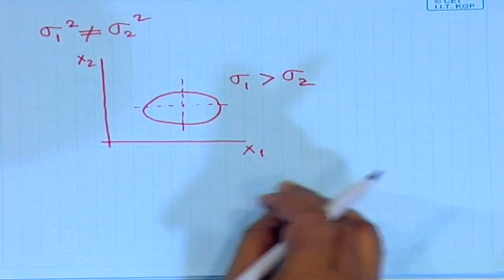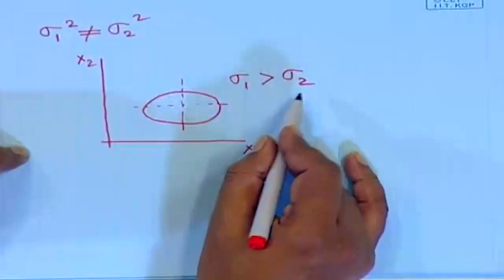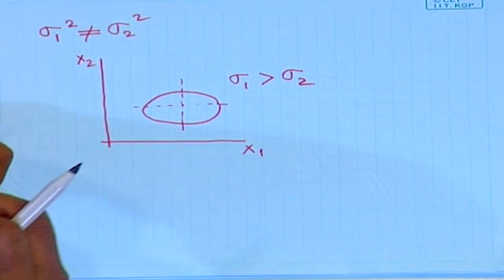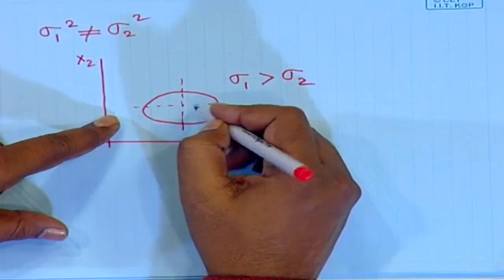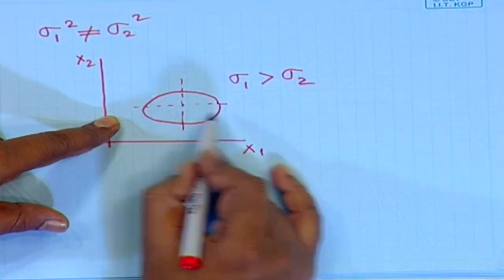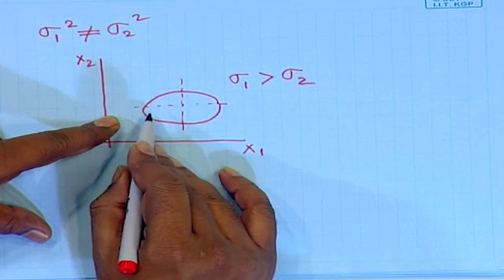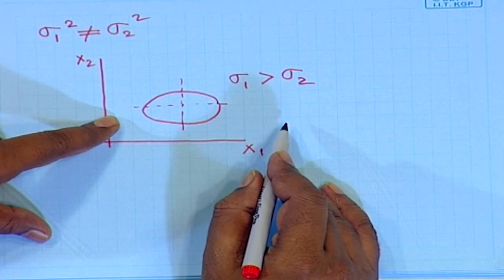That means the spread of points along x1 axis is more than the spread of points along x2 axis. If sigma 2 becomes greater than sigma 1, that is the spread of points along x2 axis is more than the spread of points along x1 axis, then I will have the major axis along x2 direction and the minor axis along x1 direction.